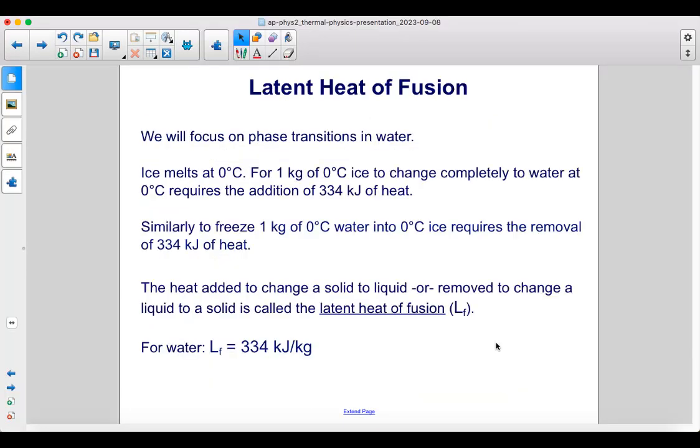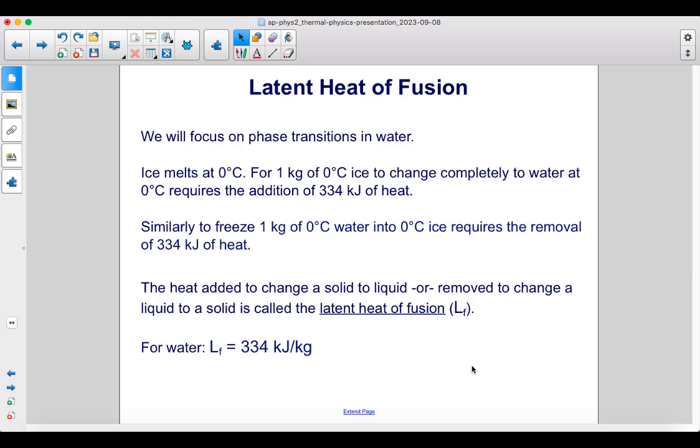We will focus on phase transitions in water. Ice melts at 0 degrees Celsius. For 1 kilogram of 0 degree ice to change completely to water at 0 degrees requires the addition of 334 kilojoules of heat.